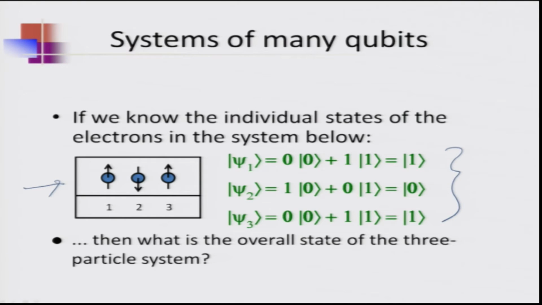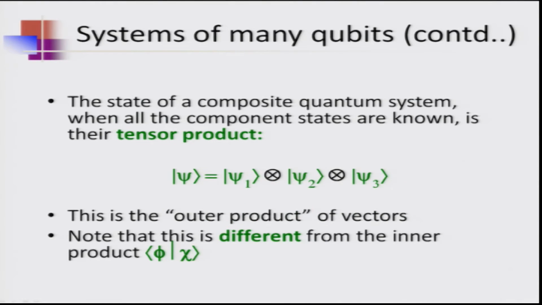If we write it like this very simply and ask what is the overall state of the 3 particle system, then we will be able to look at their composite products as the solution.